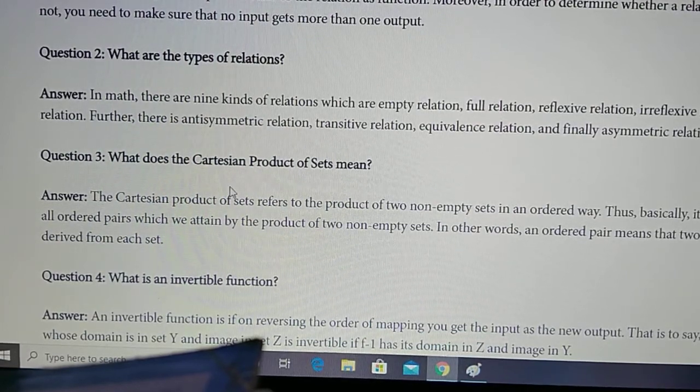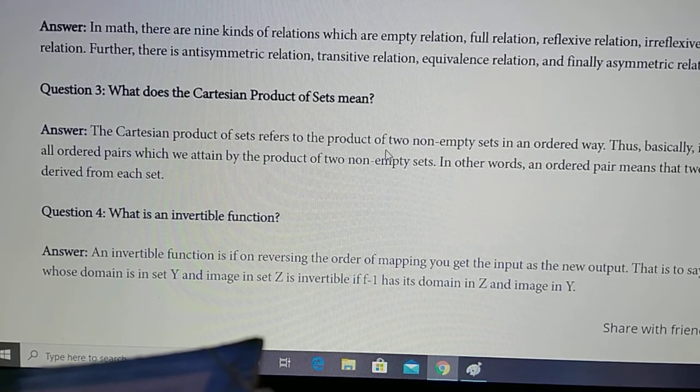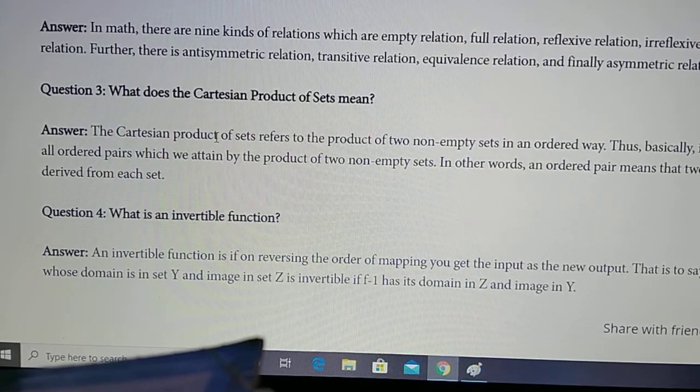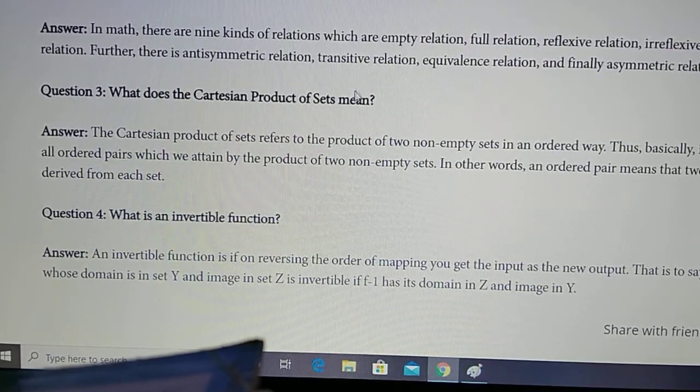Another topic is the Cartesian product. What does the Cartesian product of sets mean? The Cartesian product of sets refers to the product of two non-empty sets. We may have two different sets, and both should be non-empty, they should have something, and we talk about their product. Basically it is a collection of all ordered pairs obtained by the product of two non-empty sets. Let us see an example.